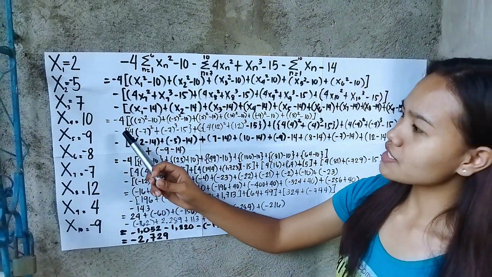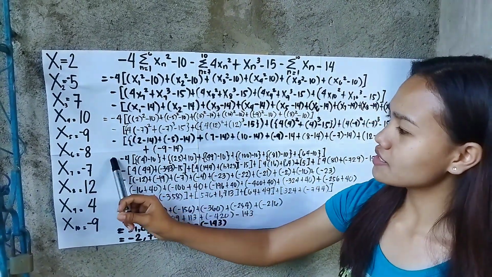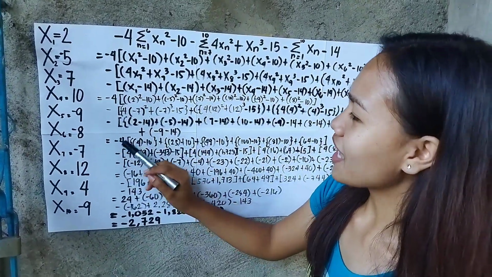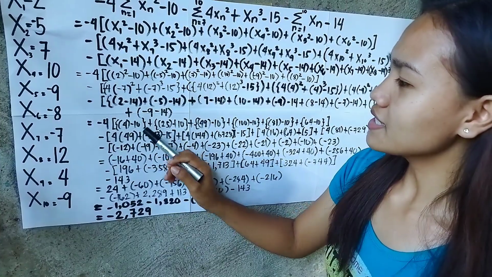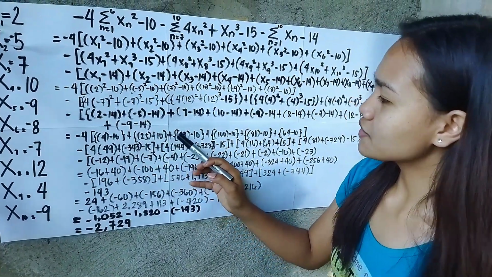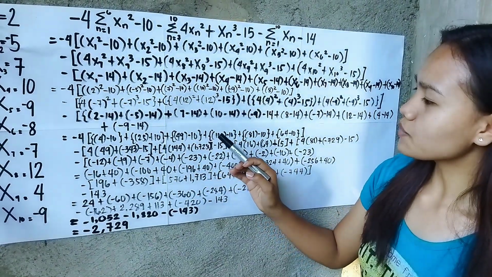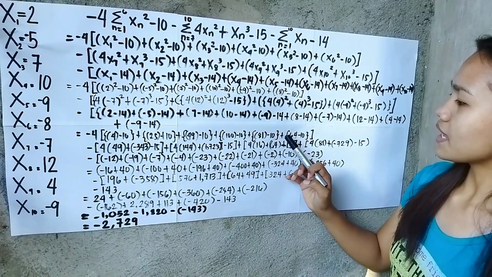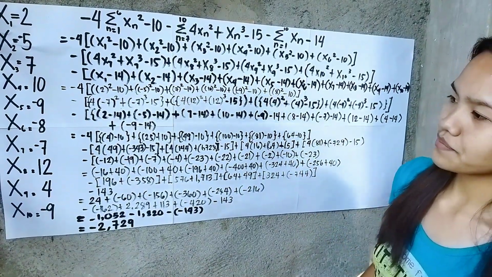So we will answer the first solution here. Negative 4 times 4 minus 10 plus 25 minus 10 plus 49 minus 10 plus 100 minus 10 plus 81 minus 10 plus 64 minus 10.